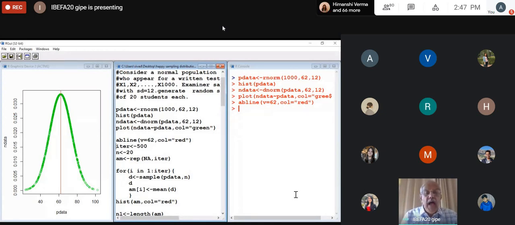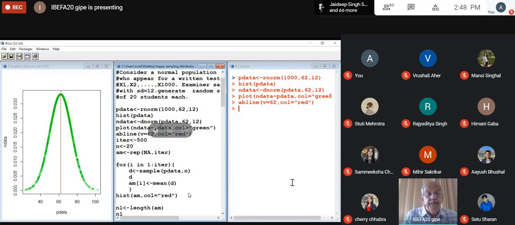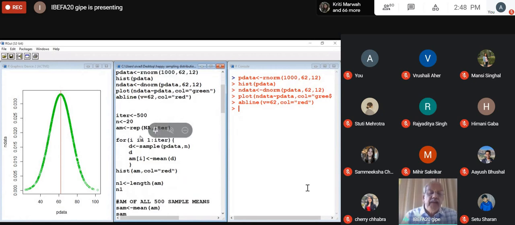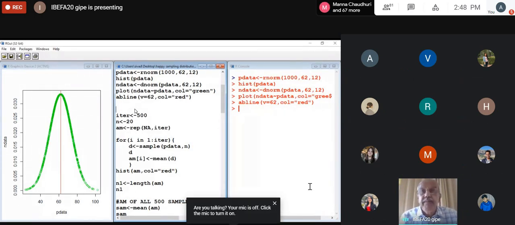Now, I am going to generate many samples of 20. Now the syntax will be, I am going to select 500 samples, plural. Each sample has 20 students.